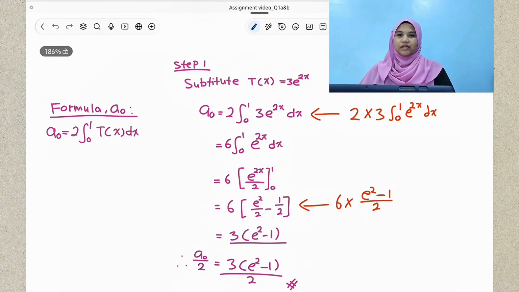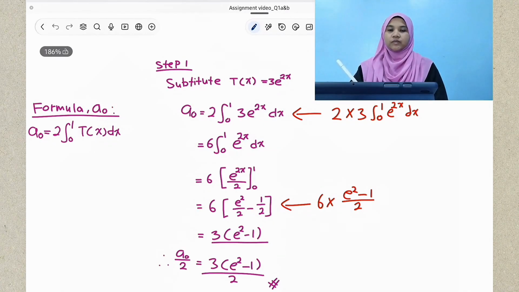At the lower limit, x equal to 0, we get e to the power of 0 over 2. e to the power of 0 equal to 1, so that is 1 over 2. And then we have 6 times open bracket e squared over 2 minus 1 over 2 close bracket.